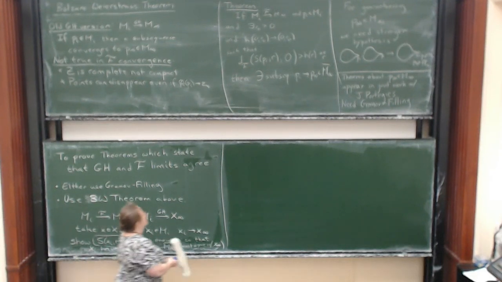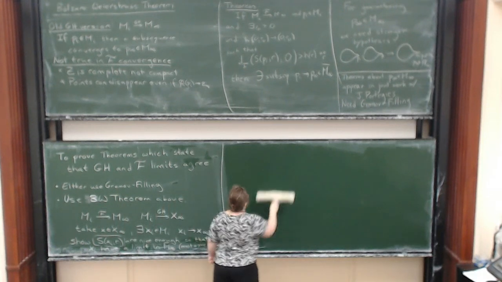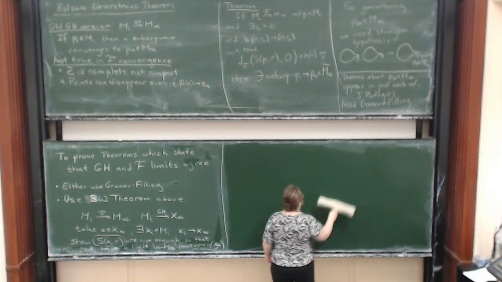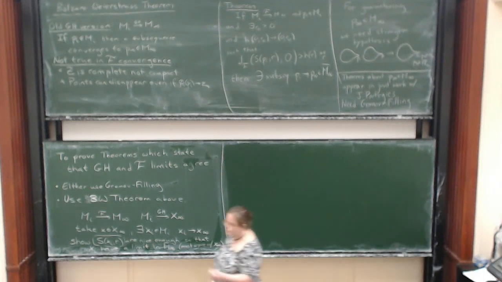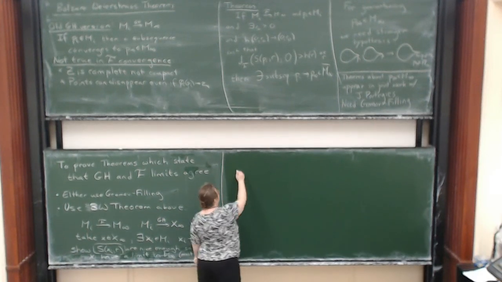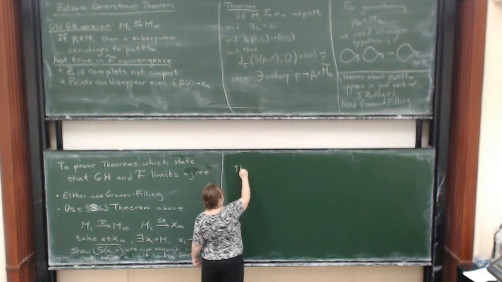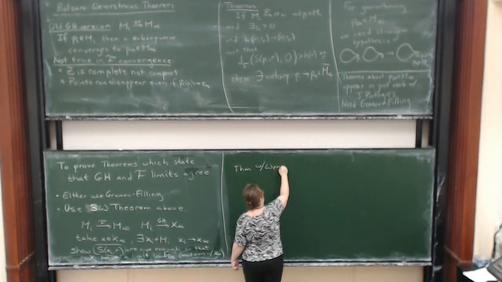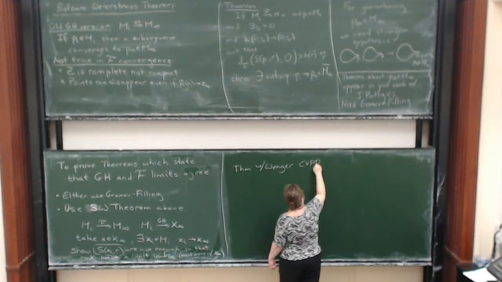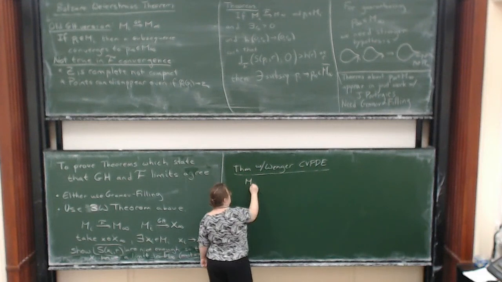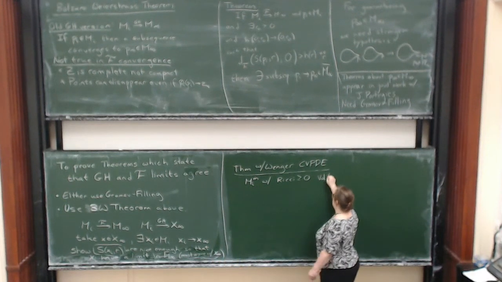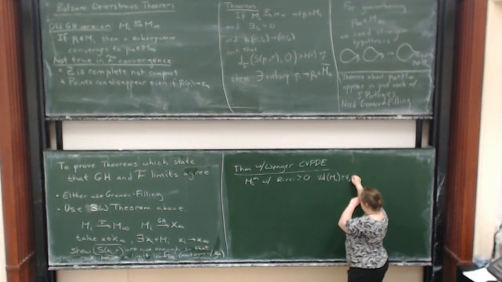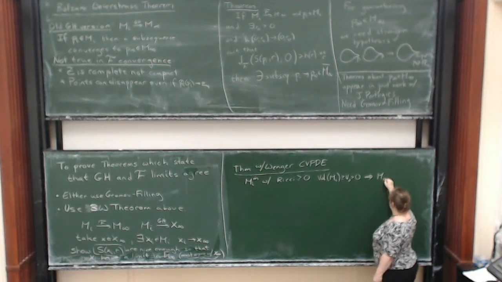Oh, I have to squeegee this, sorry. So, with Jiang and Perales, we had Mi with Ricci greater than 0, volume of Mi greater than or equal to V naught greater than 0 implies M infinity equals X infinity.